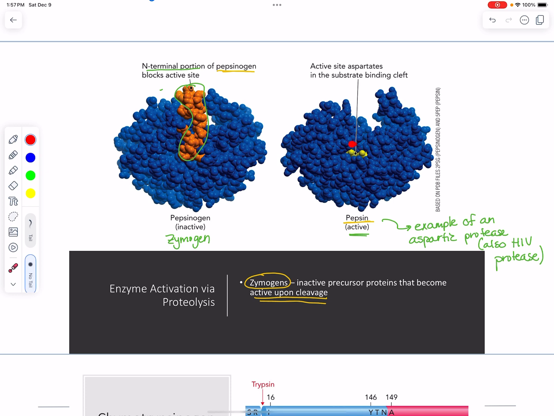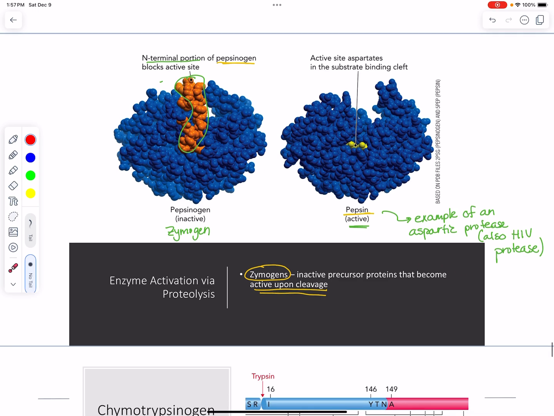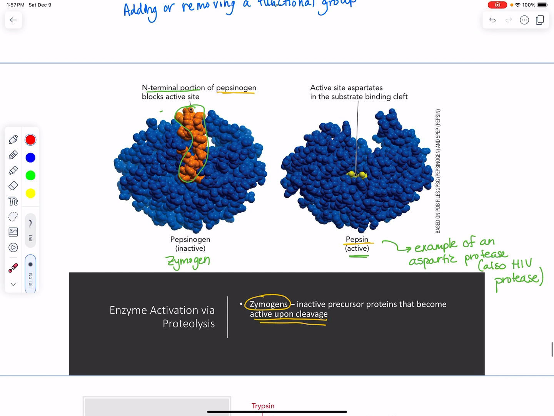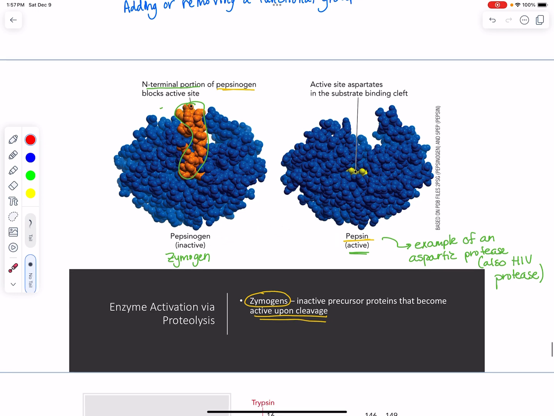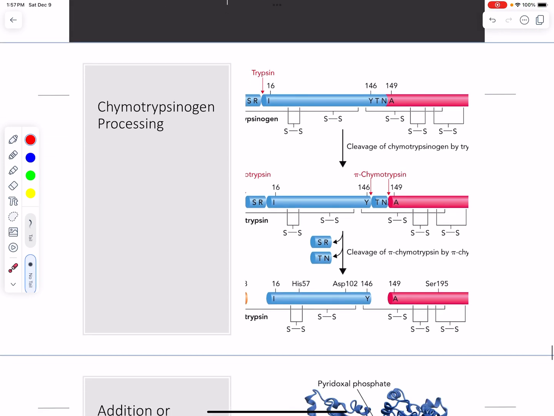And the mechanism of both of these uses two aspartic acid residues to do the chemistry, unlike a serine protease where you have that catalytic triad of the serine, the histidine, and the aspartic acid. All right, so pepsinogen is the zymogen form, and upon cleavage it becomes pepsin and it is catalytically active.